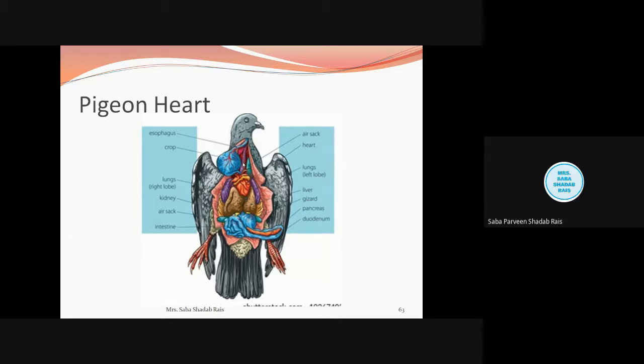What do you think, will the sinus venosus or truncus arteriosus be present or not? In the reptilian case we have already discussed the accessory heart chambers in yesterday's lecture.